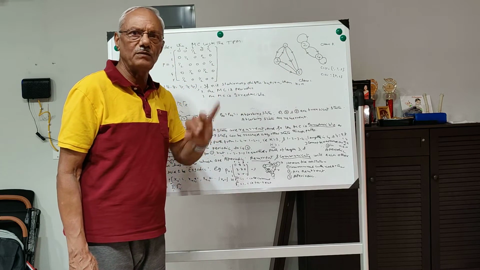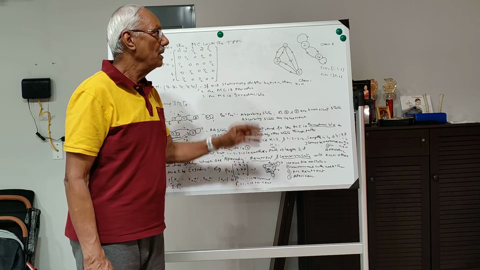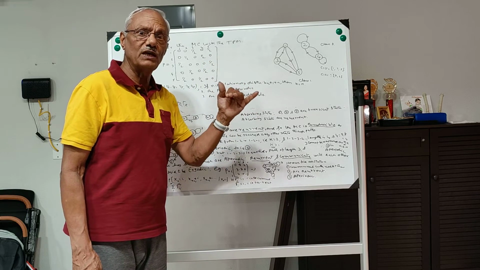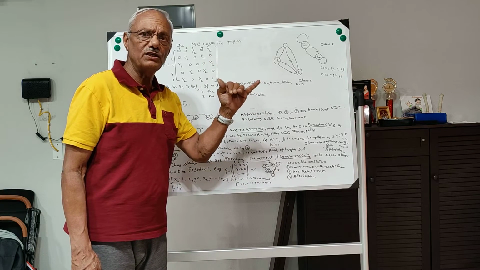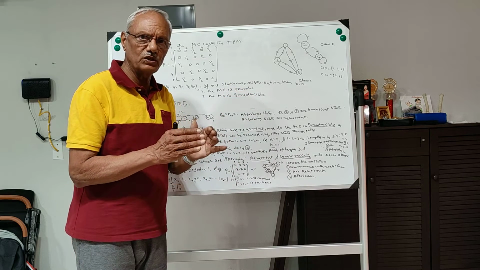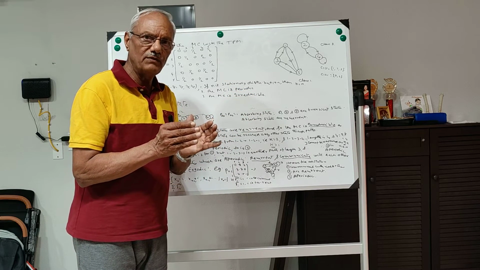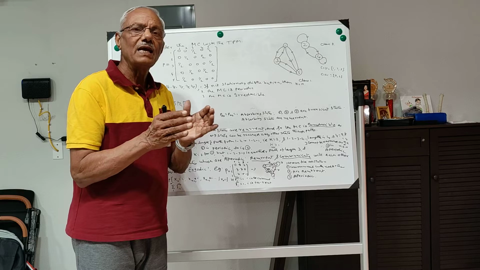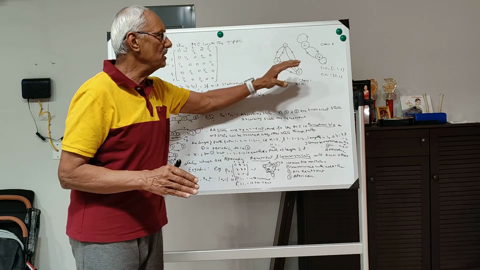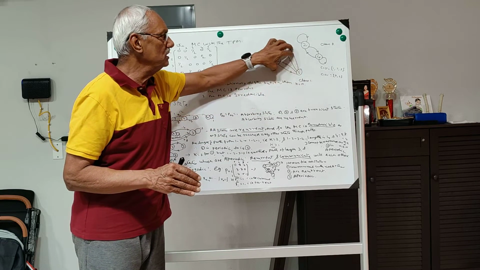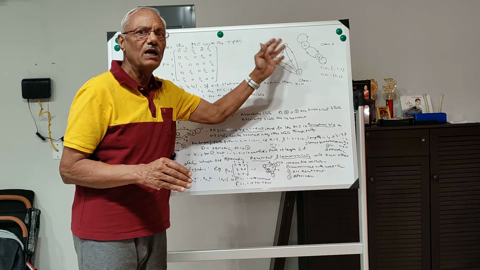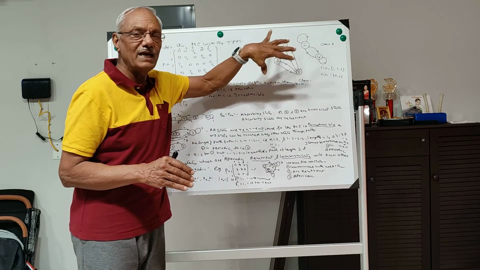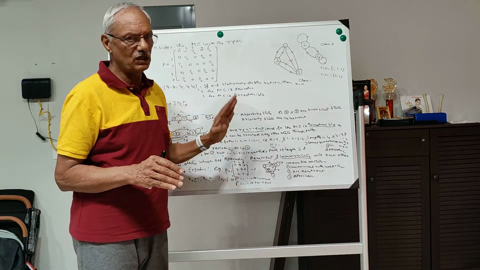But if there is no communication or reachability from one state to another, even for one pair, then we say that it is reducible. Here these two are closed sets with no communication, and therefore the Markov chain as such is reducible.